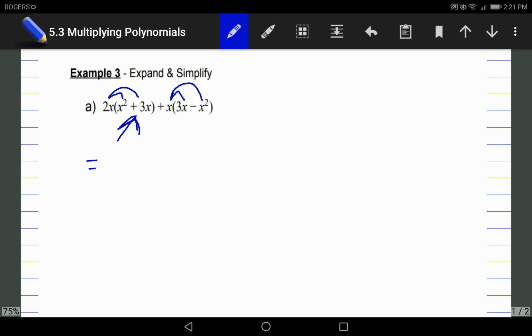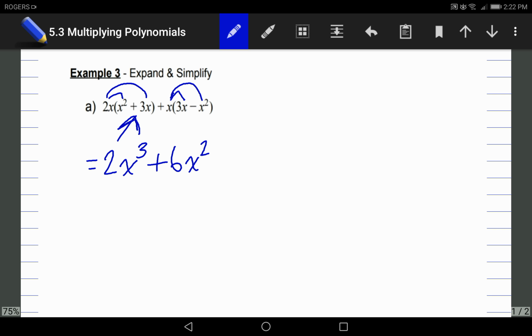2x times x squared is 2x cubed. Okay, x times x squared is x to the power of 3. 2x times positive 3x is positive 6x squared. Okay, x times x is x squared.